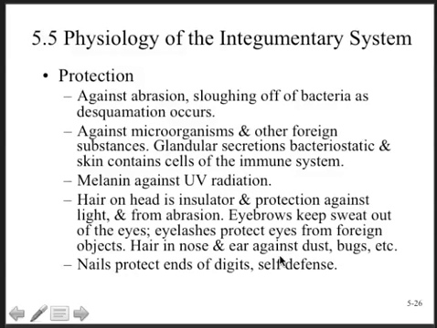The nails protect the ends of the digits, and they're also a method of self-defense, and they can act as a barrier. The skin also acts as a barrier to water diffusion from the outside in. Remember that if your skin were like a sponge, we would constantly be changing our body's osmotic balance, and this would play havoc with our electrolyte levels and with the health of tissues and cells.